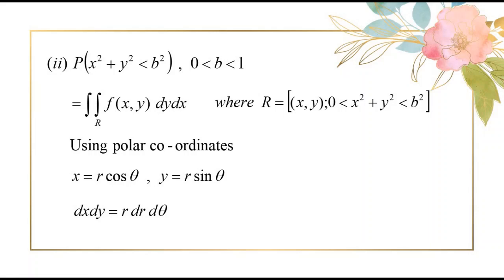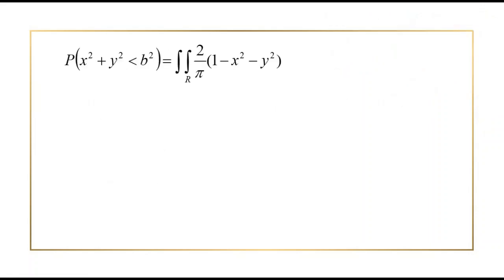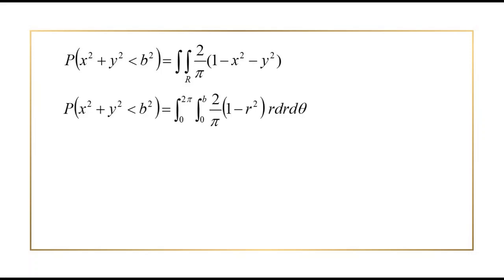Now using these substitutions, you have to integrate our joint PDF. Put x as r cos theta, y as r sin theta, and dx dy as r dr d theta. You can take the limits as radius from 0 to b and angle from 0 to 2 pi, because we are covering the whole circle.